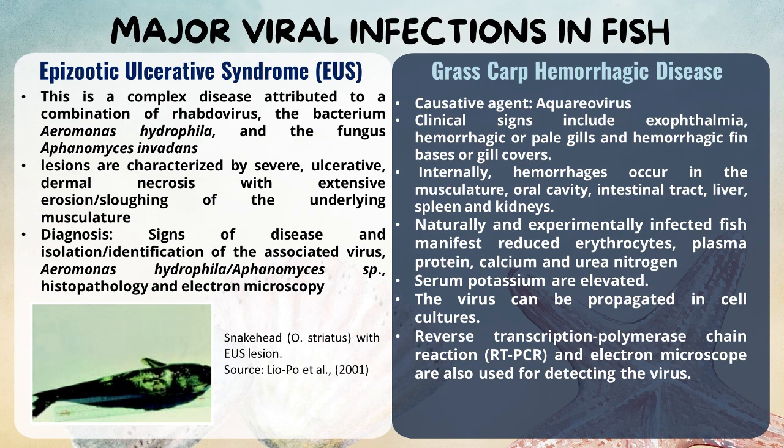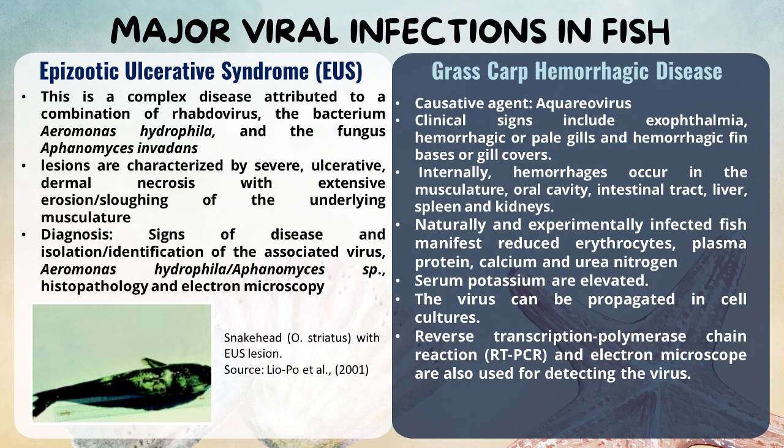The virus replicates at 15 to 25 degrees Celsius in 2 to 3 days to 10^7 median tissue culture infectious dose per ml in SHS cells and in SSN1 cells. To diagnose the viral infection, use signs of disease and isolation or identification of the isolated virus, Aeromonas hydrophila or Aphanomyces species, histopathology, and electron microscopy.